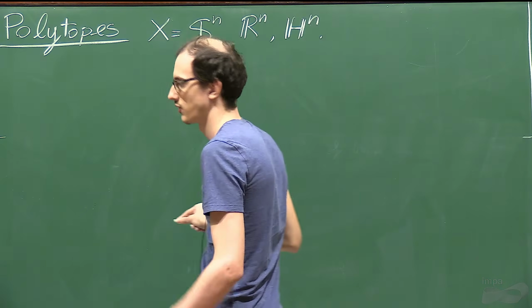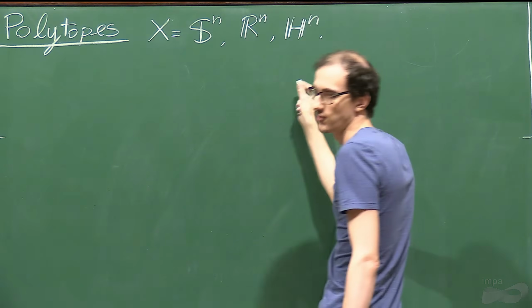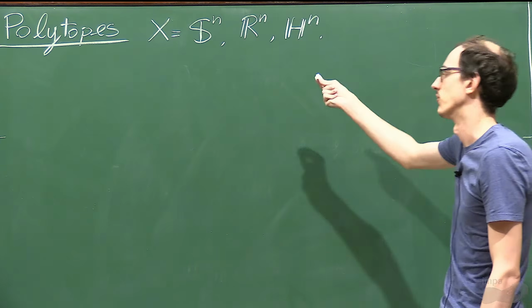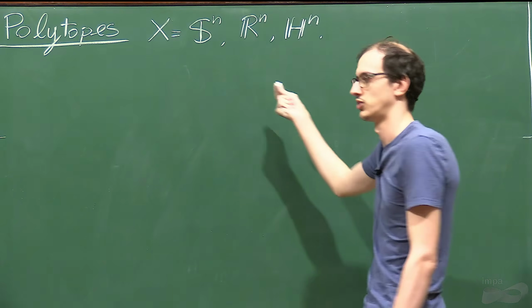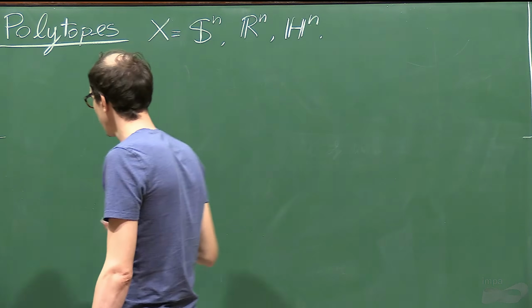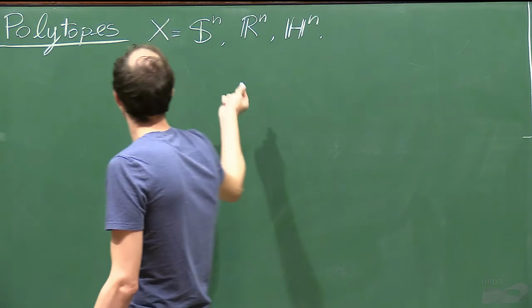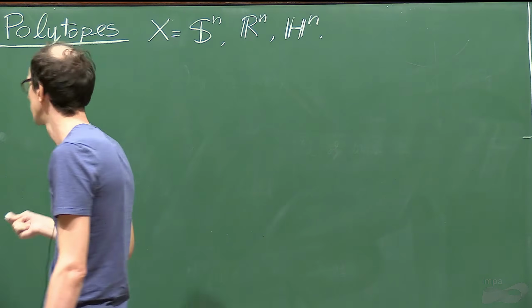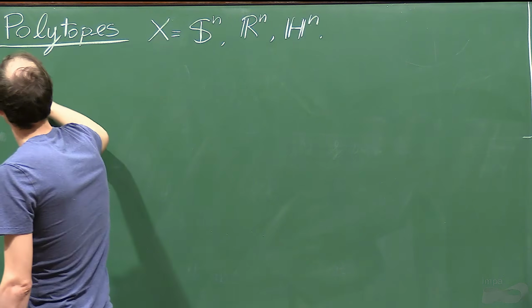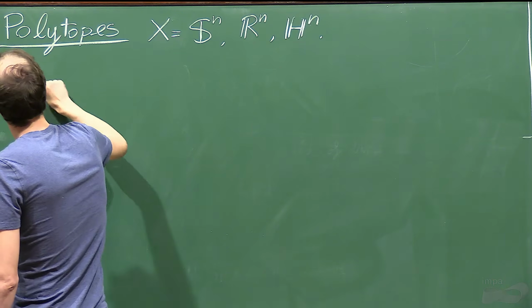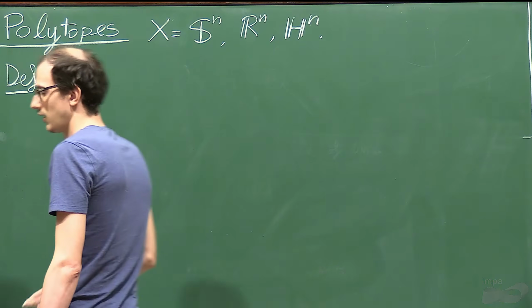Everything that I'm going to say now is going to work in all three spaces, with some differences which are based on the geometry of the spaces, of course. But the general facts work everywhere.